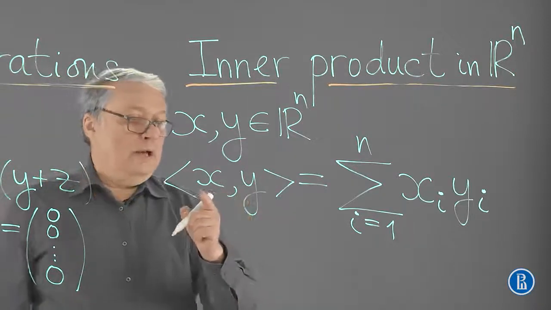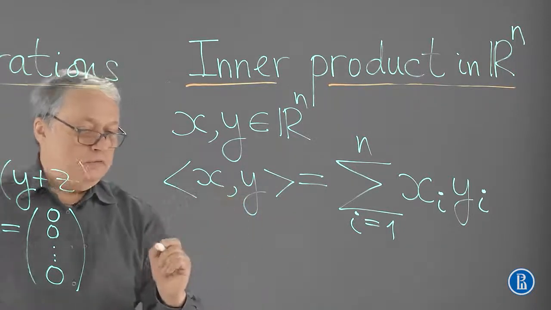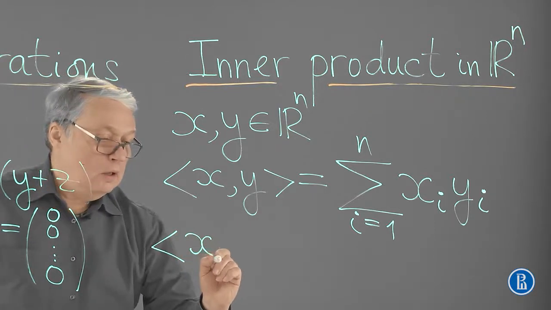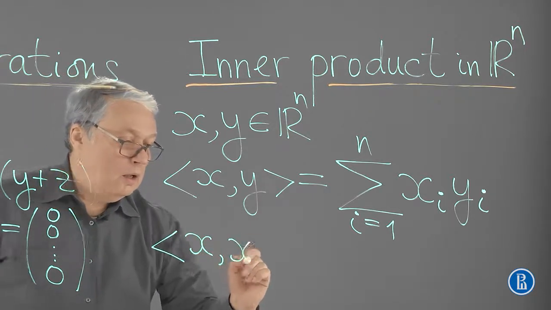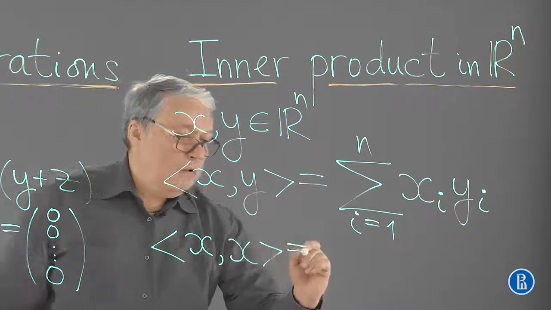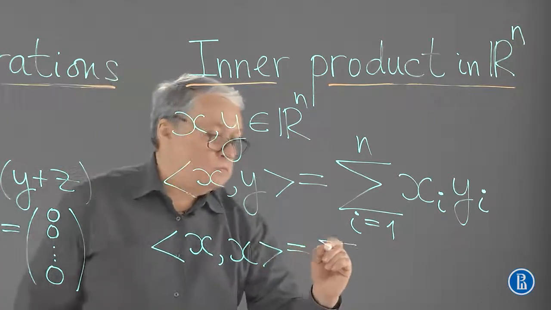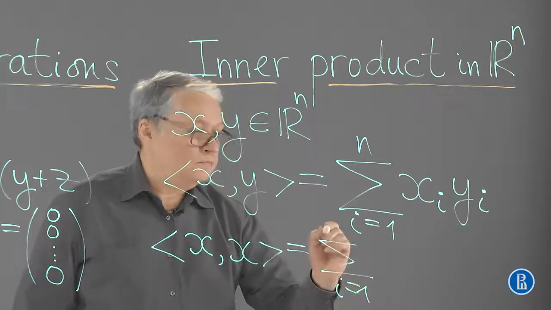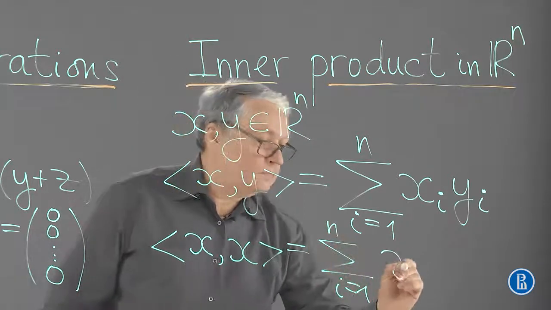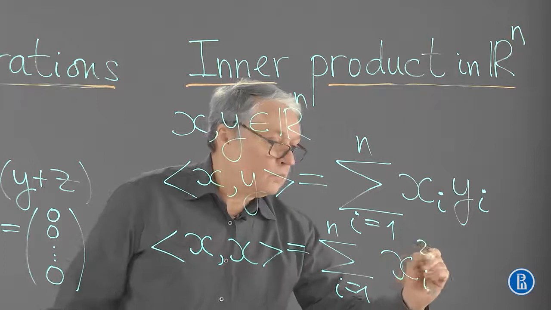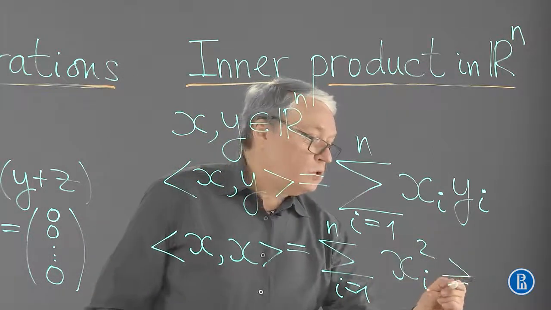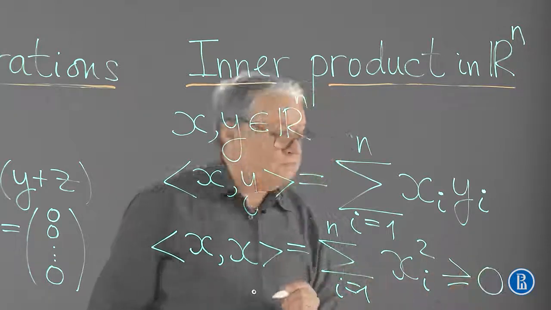If I multiply x by itself, according to the formula, I have the sum of squares and we know the sum takes only non-negative values.